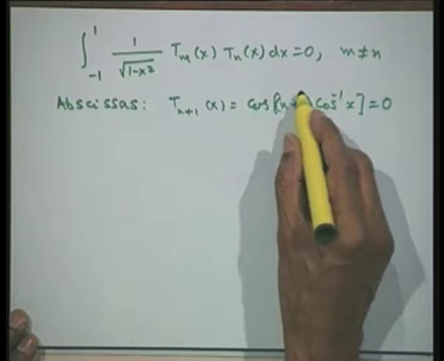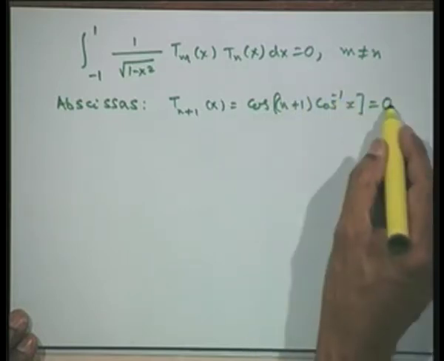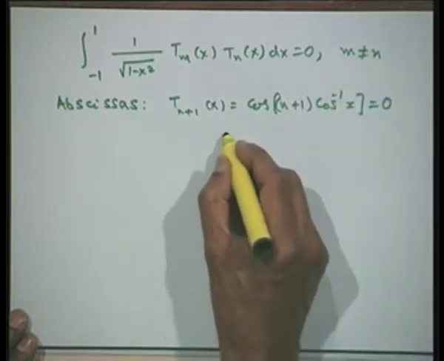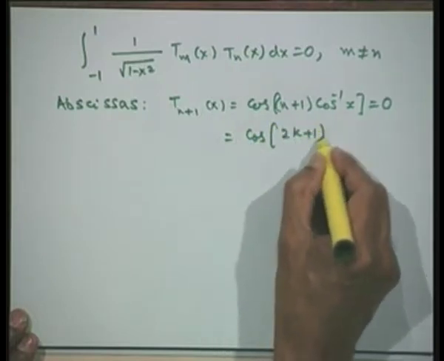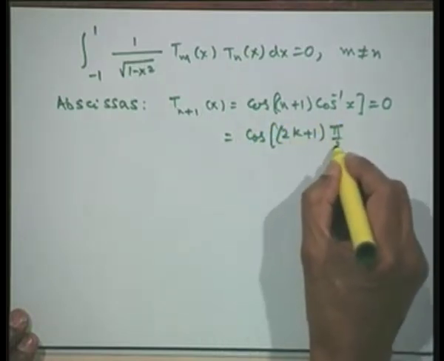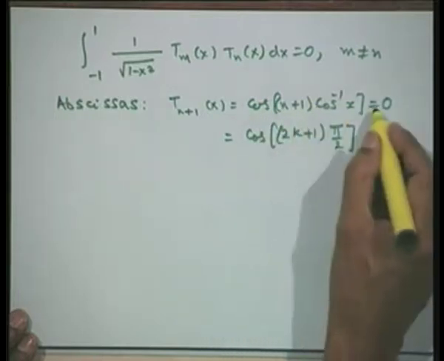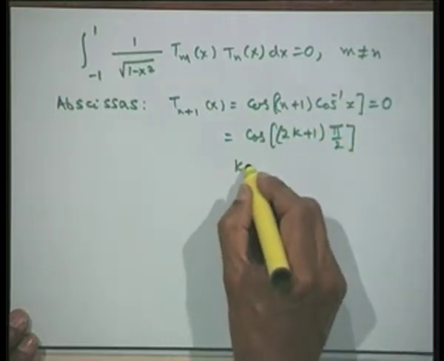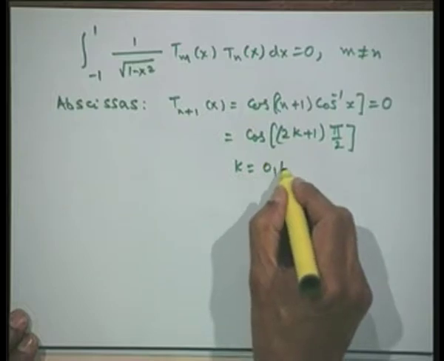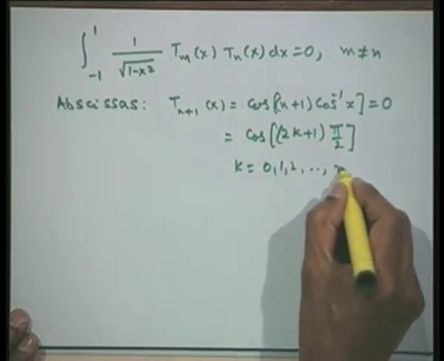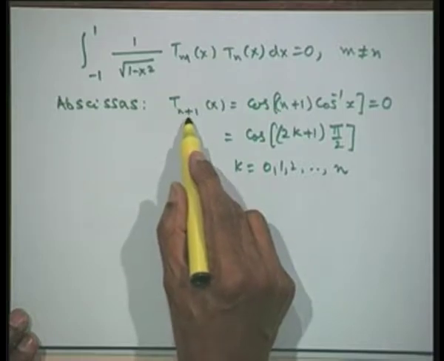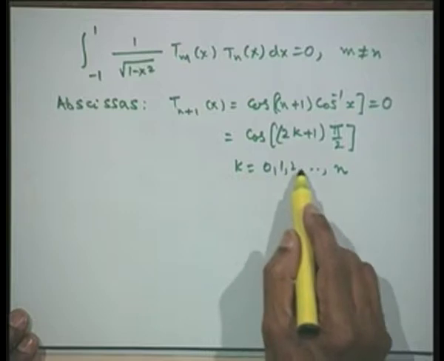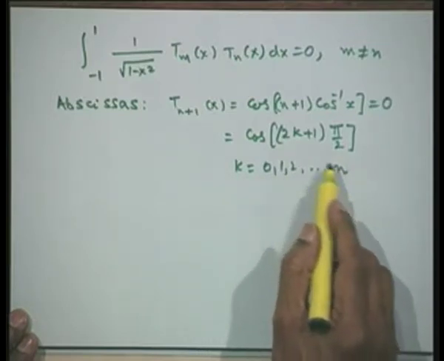Now, cosine of a certain quantity is 0, so I can set it as cos of (2k plus 1) pi by 2. There are n plus 1 zeros, since this is a polynomial of degree n plus 1, therefore we set k equal to 0, 1, 2, up to n.